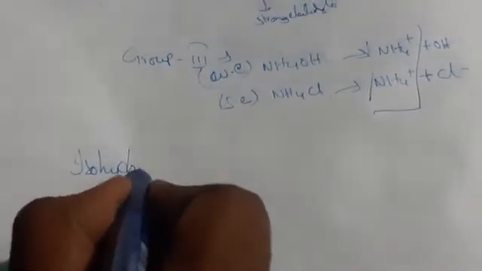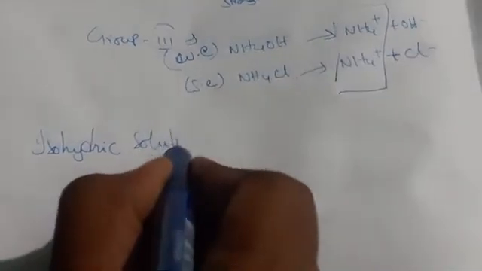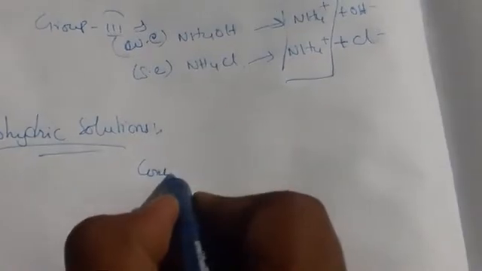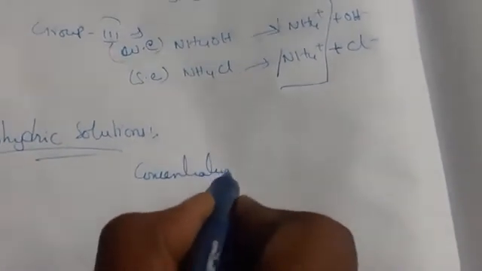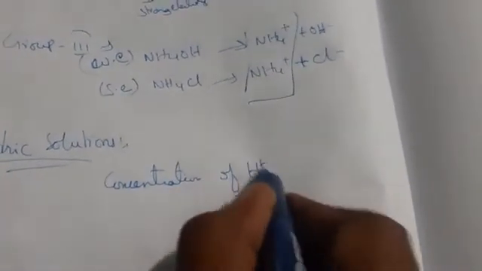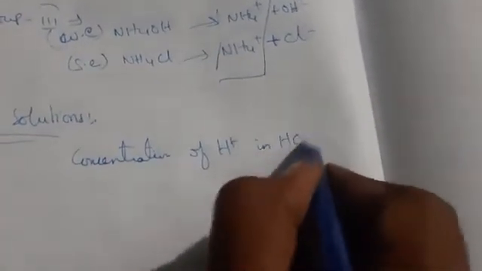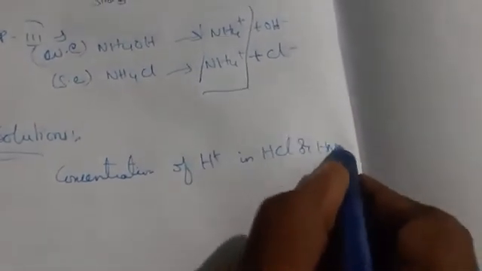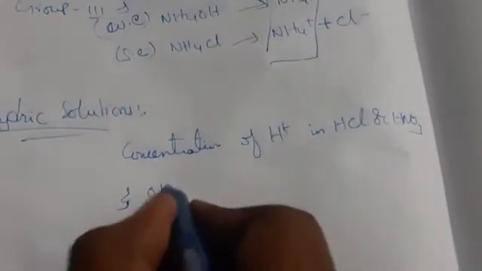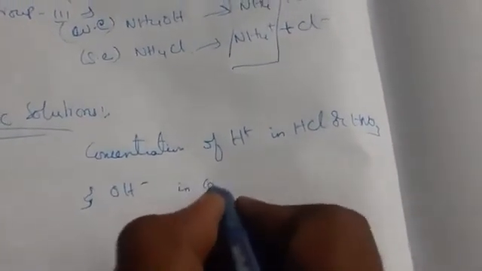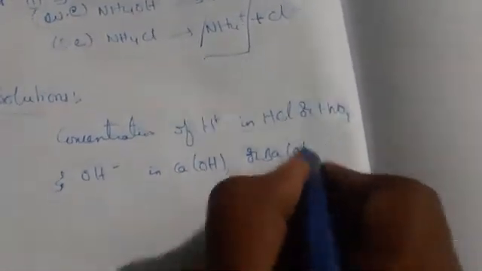So this is the common ion effect, and now we have isohydric solutions. Isohydric solutions is nothing but, for example, the concentration of H plus being given by HCl or HNO3, and also OH minus ions being given by calcium hydroxide or barium hydroxide.